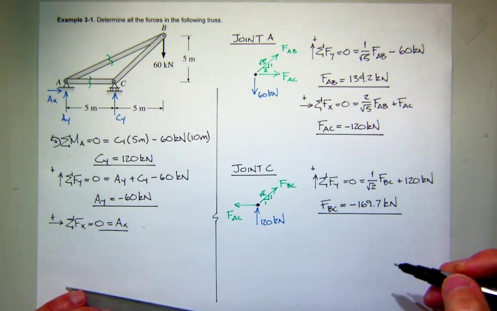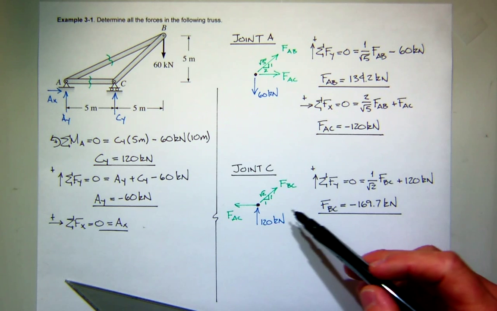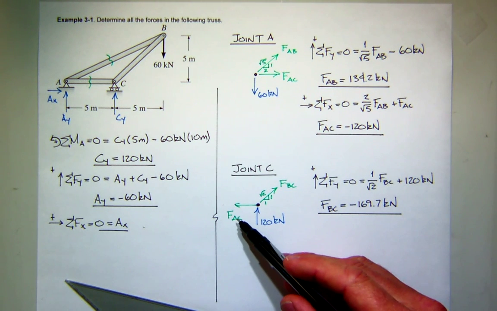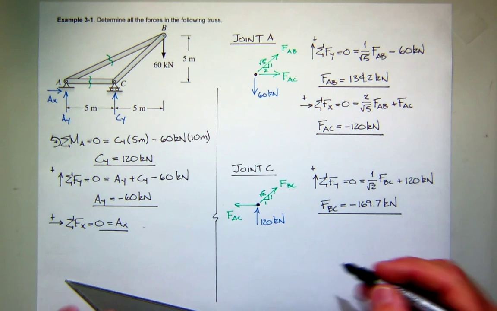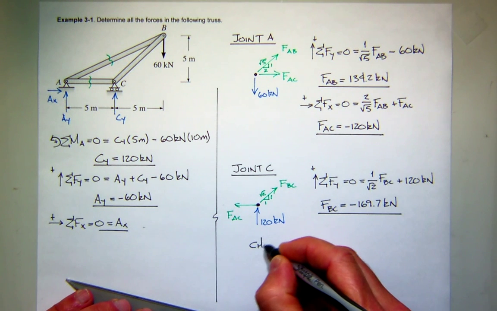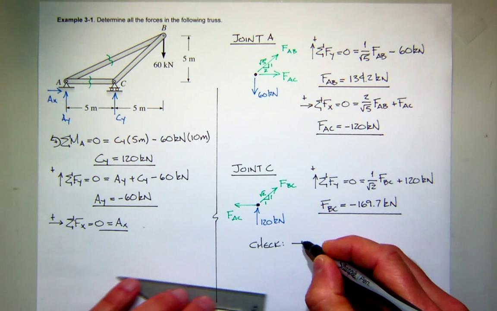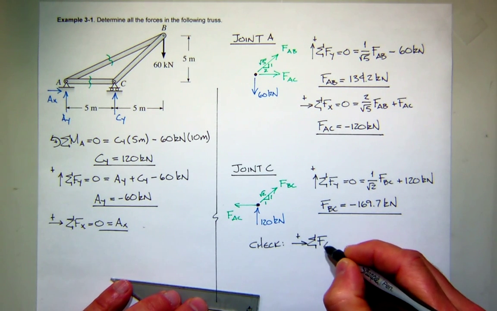That's it. Now what I could do at this point is sum forces in the x direction with BC and see if I get the same value for AC that I got over here. So let's just do that as a check. So now I can say as a check, see if I'm in the right direction, I'm going to sum forces in the x direction.